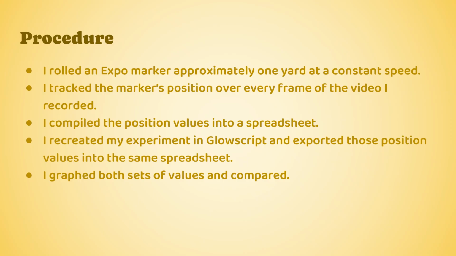Then I graphed both sets of values and compared the actual position over time of the marker and the expected position over time. The actual position over time is what I got in Tracker and what I actually recorded, and the expected position over time is the GlowScript code and the exported data values that I got from GlowScript.